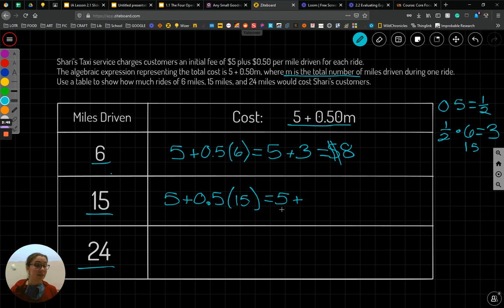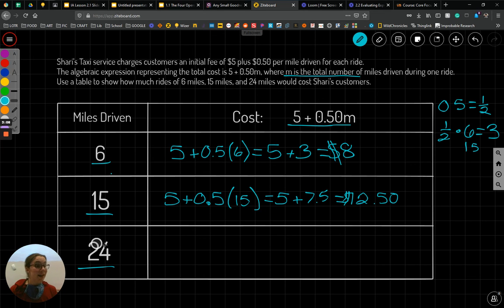Half of 1 is 0.5, so that's going to be 7.5, which equals 5 plus 7.5, which is 12.5. 12 and 5/10, or $12.50.